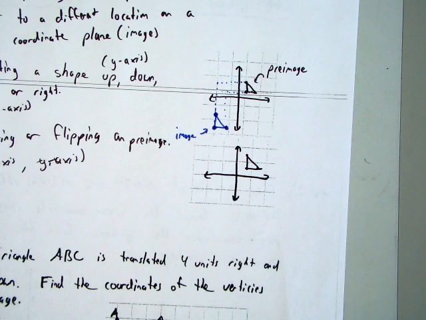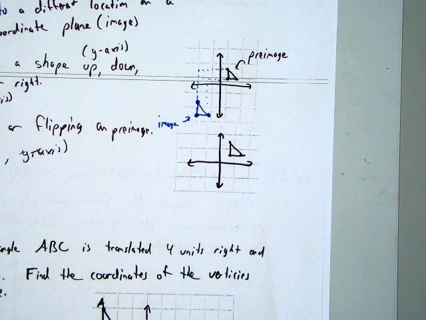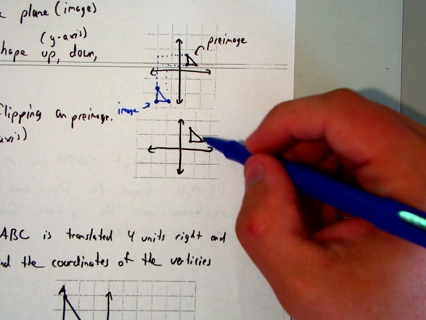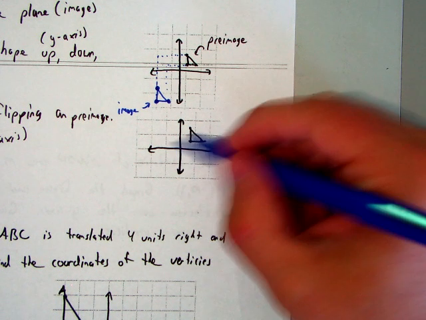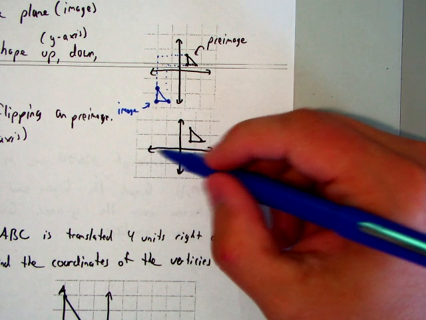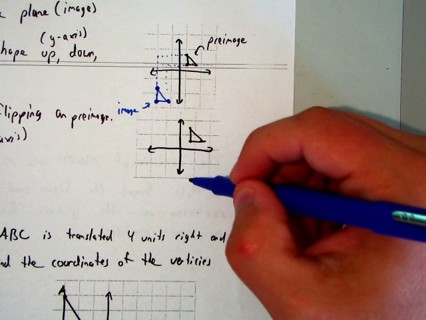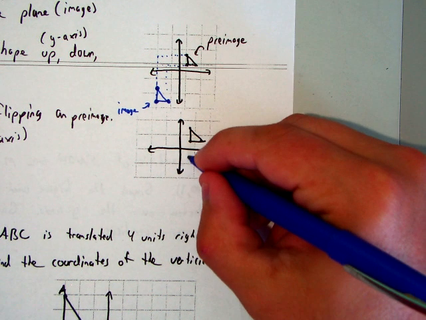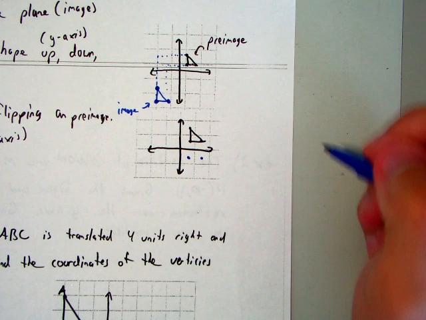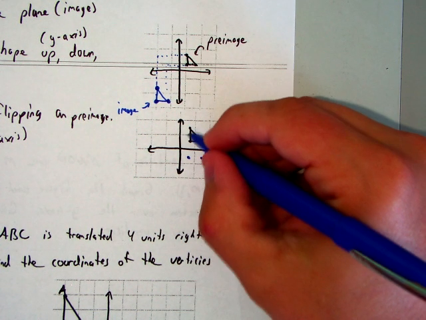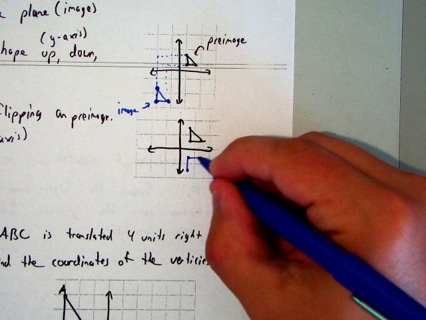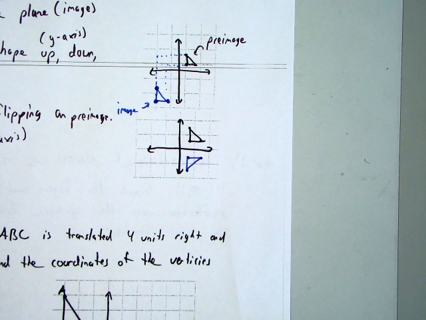So for example, if I wanted to mirror it across the x-axis, the x-axis is the horizontal one here, which means that every single point is exactly the same distance from this reflection line, just on the opposite side of it. So because these 2 points are only half a space above, they'll also be only a half a space below. This one was 1.5 spaces above, so it's 1.5 spaces below. So it'll look like that.